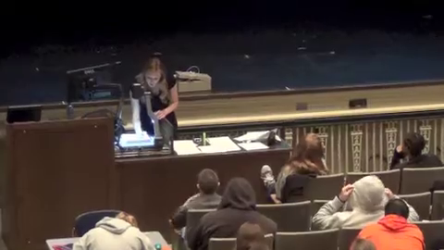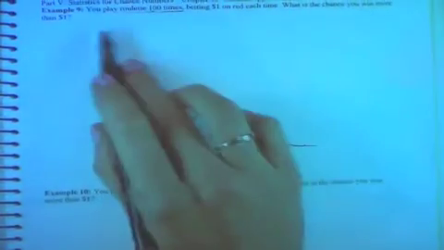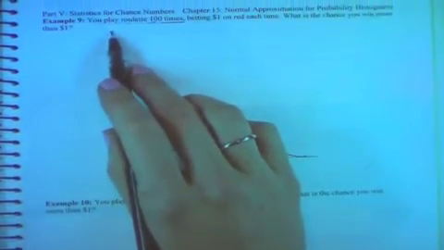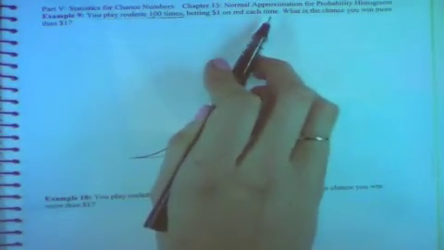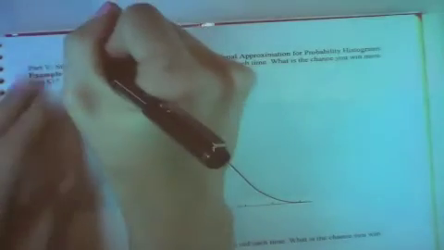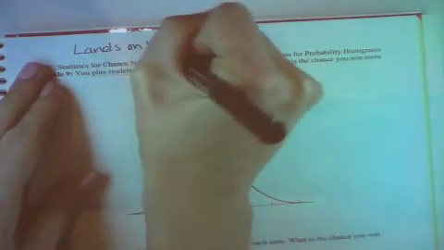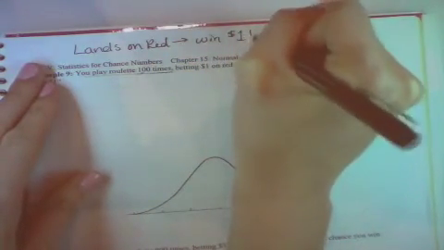Okay, so you play roulette 100 times, betting $1 on red each time. So what's the chance that you win more than $1? For the non-gamblers out there, when you're betting $1 on red, what that means is that if the ball lands on one of the red slots, we win $1.